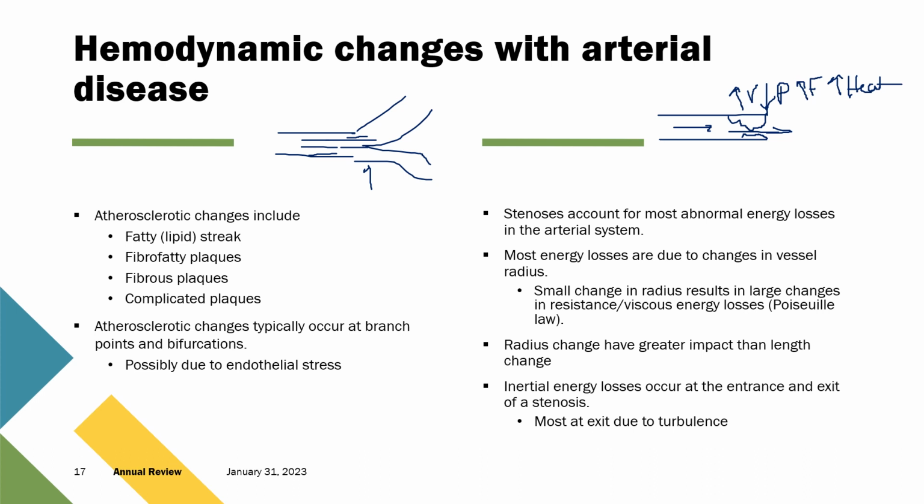Because that radius is raised to the fourth, the radius is going to have a more significant impact on flow than anything else. Therefore, when we have a stenosis, we have a significant change in radius from here to here, and it's going to have a major impact on how much flow is exiting. Now, once that flow does exit the stenosis, we can expect turbulence and a high Reynolds number.